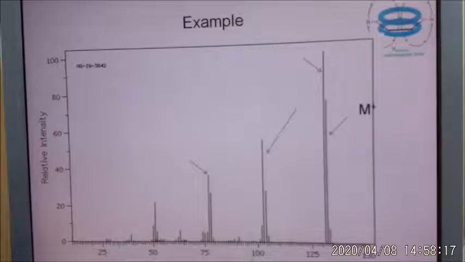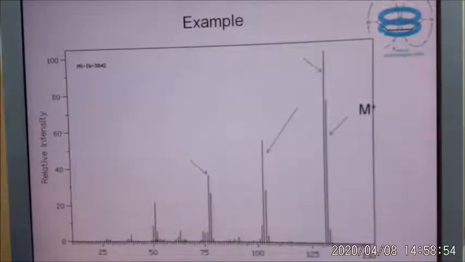132 minus 106 is 26. So the only thing I can't yet account for from our assignments is 26 atomic mass units. That could be an oxygen and then a carbon.